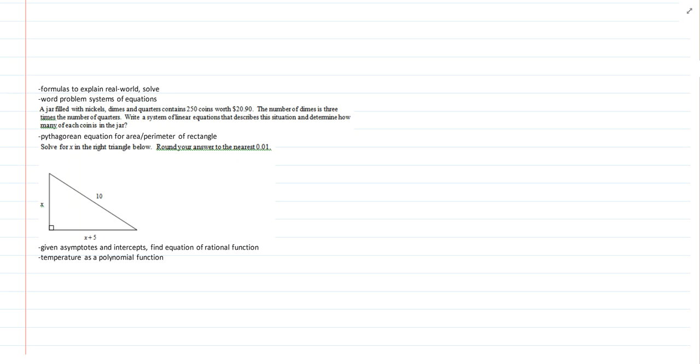In the calculator permitted portion of the test, the questions can be so varied that it doesn't really benefit us a great deal to practice specific styles of questions, but I thought it would be nice for us to look at a few problems and maybe jog our memory with different ideas or techniques that we might use to approach problem solving.